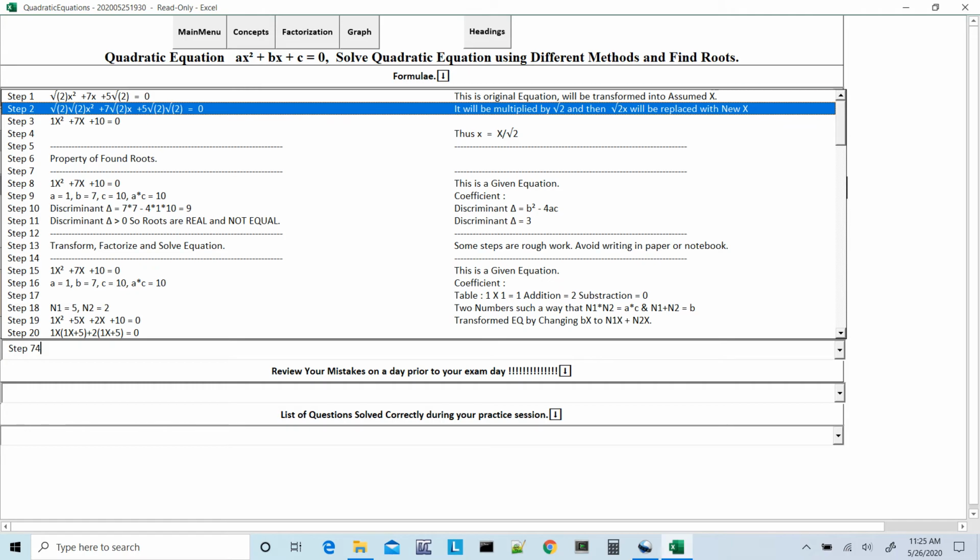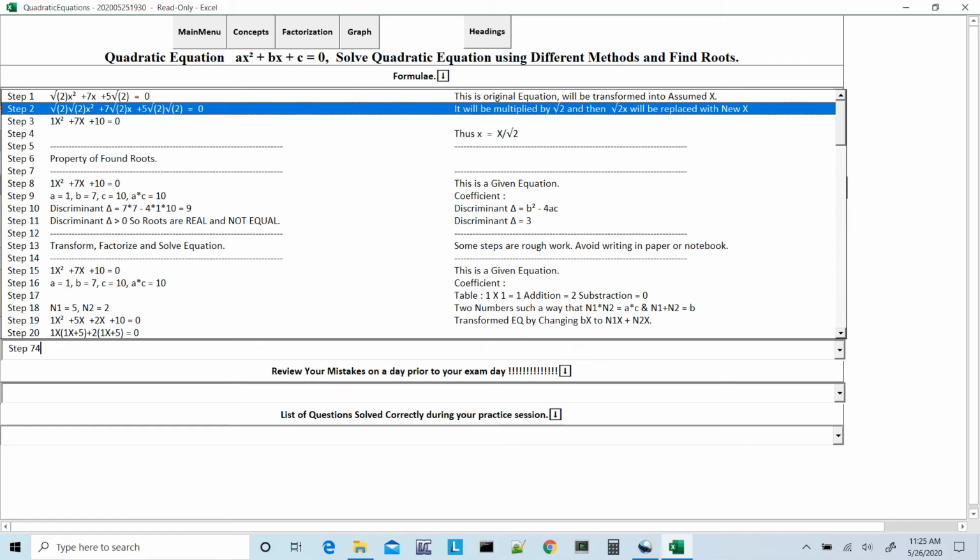Now, since we assumed this, the equation becomes capital X square, because this is square root of 2 into x whole square. So you can simply rewrite it as capital X square. Same way here, square root of 2x is capital X. So you have written 7X, and 5 square root of 2 into square root of 2 is 5 into 2, which is equal to 10.